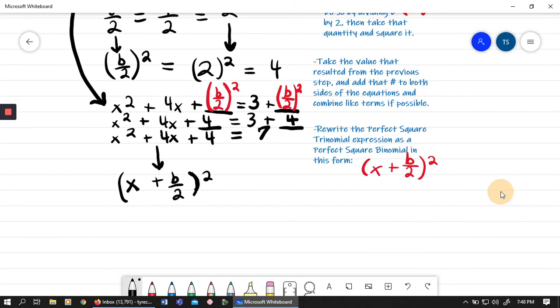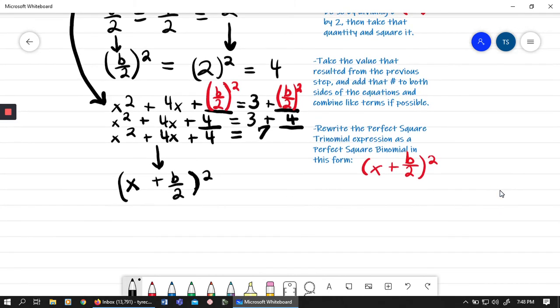So again, as I had just emphasized, the number that we are putting here is b divided by 2. b was 4, and 4 divided by 2 was 2. So what we're putting here is x plus 2 squared. We're rewriting this perfect square trinomial as that.